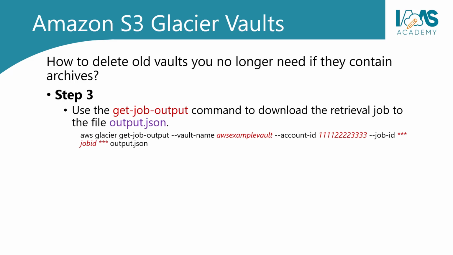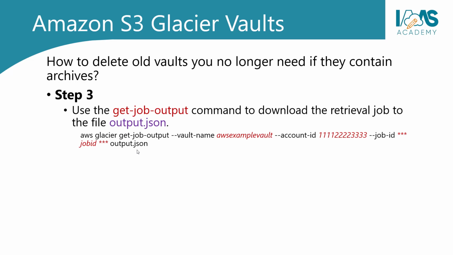The command that you want to run is aws glacier get-job-output vault. You need to replace the placeholder with the name of your vault, replace the account ID with your account ID, and replace the job ID with the job ID that you ran, which is outputted to an output.json file.